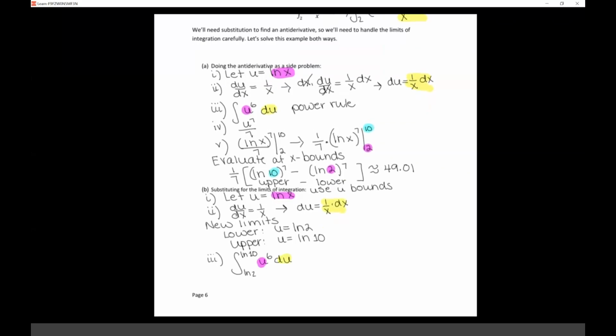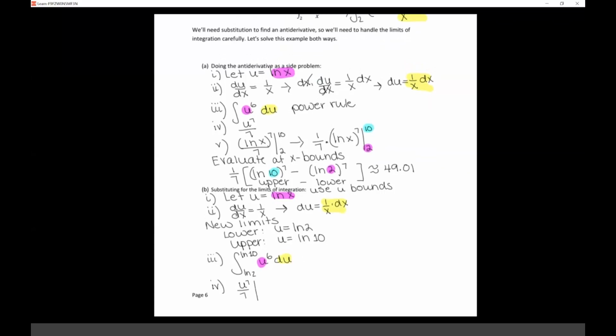And if you integrate it, here's the integration step. I'm kind of running out of vertical space, so I'll do my best to fit it without jamming it. Integrating with the power rule is going to give me u to the 7th over 7.